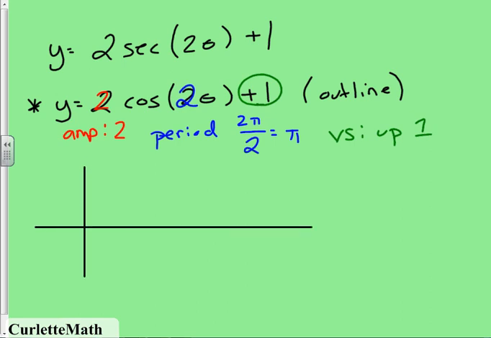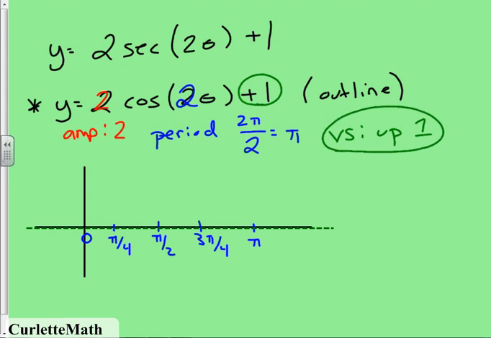I'm going to first start off by graphing my period, 0, pi over 4, pi over 2, 3 pi over 4, and pi. Now my vertical shift line, or my midline, was at the x-axis. But it tells me here that I have to go up 1.